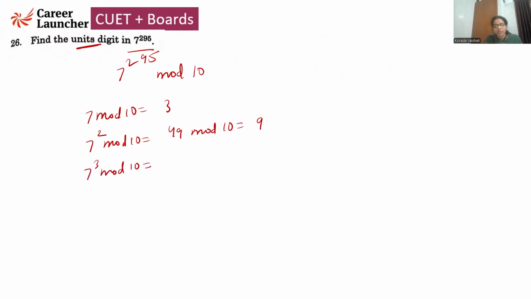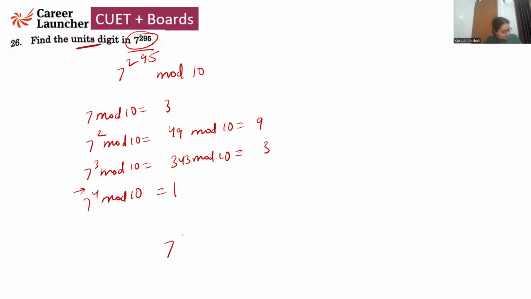7 cube mod 10 is 343 mod 10, or the remainder is 3. And 7 to the power 4 mod 10, in this scenario, we will get the remainder as 1. So I need to just look at the multiples of 4 such that I can get as near to 295.